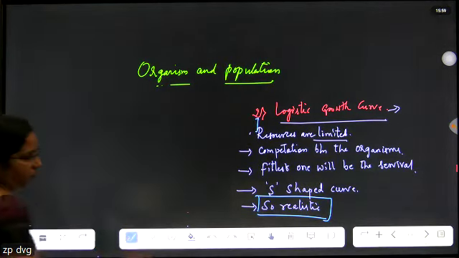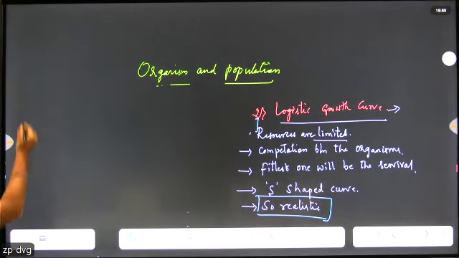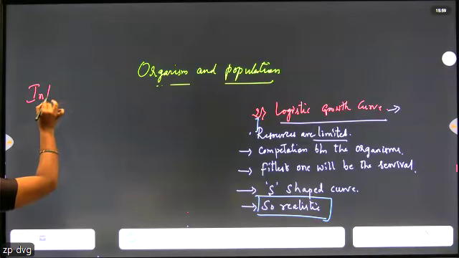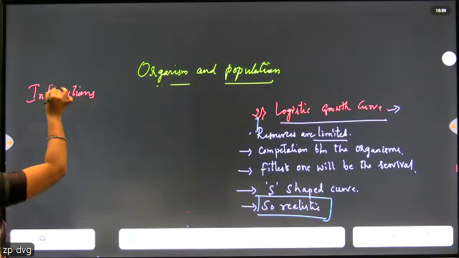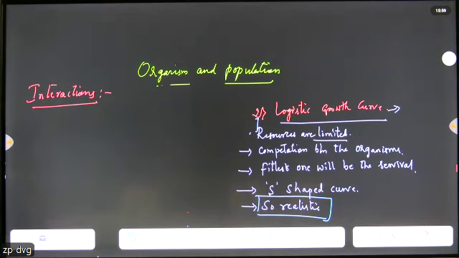Next, we can move further with the interactions in the population. Population interactions can be of different types.